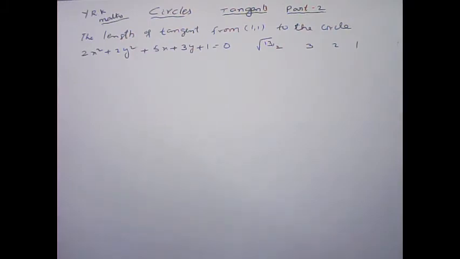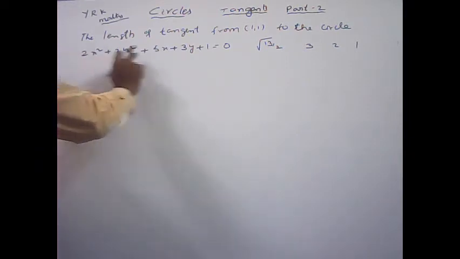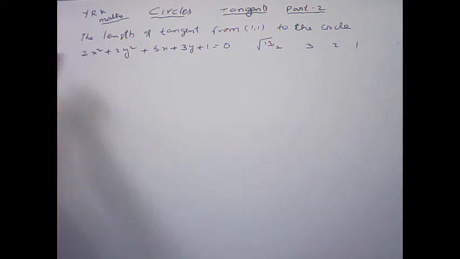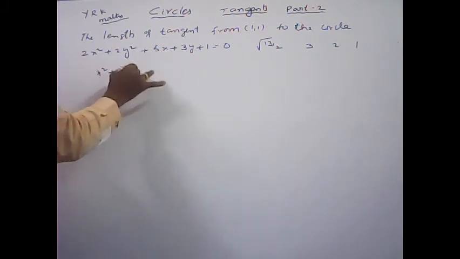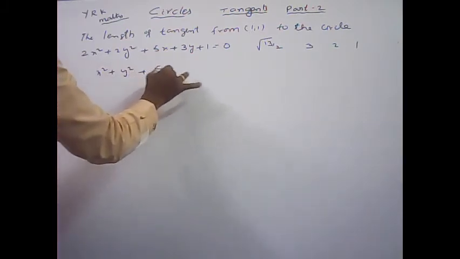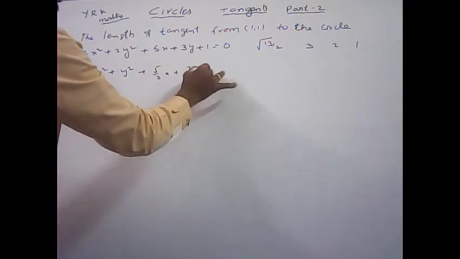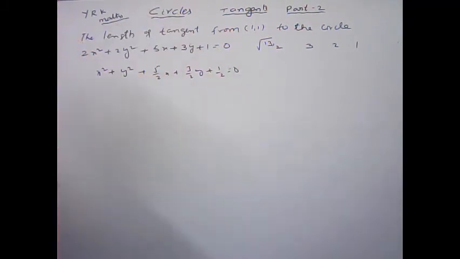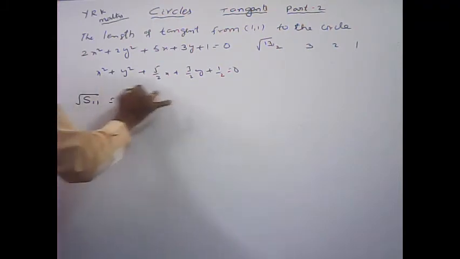Now the length of the tangent from (1, 1) to the circle, that is root S11. But this holds if it is in the standard form. Here the x square, y square coefficients are 2, so dividing with 2, converting into standard form: x square plus y square plus 5 by 2 x plus 3 by 2 y plus 1 by 2 is equal to 0. Now the length of the tangent is square root of S11.